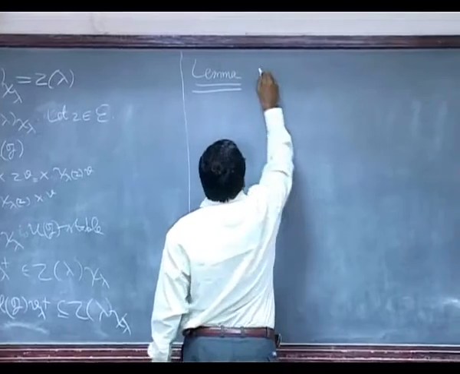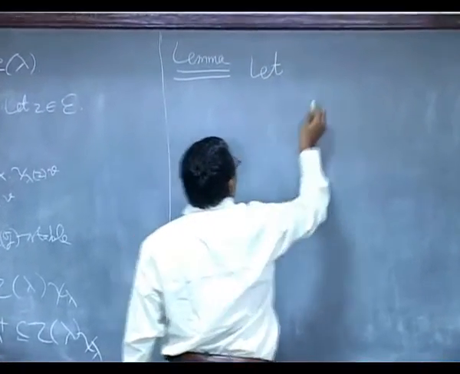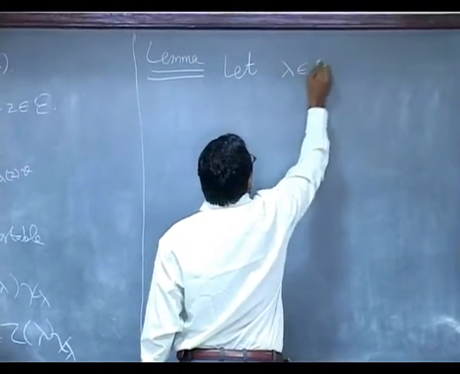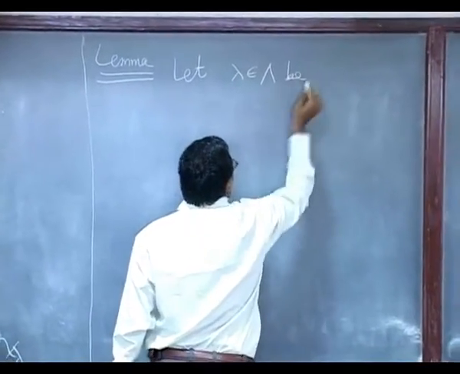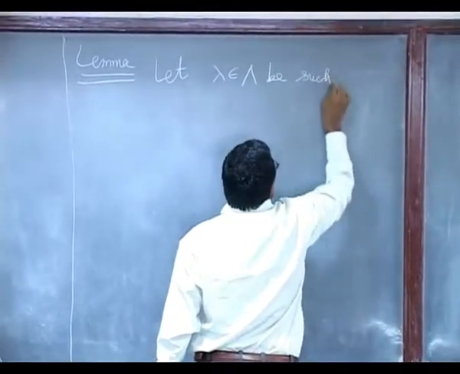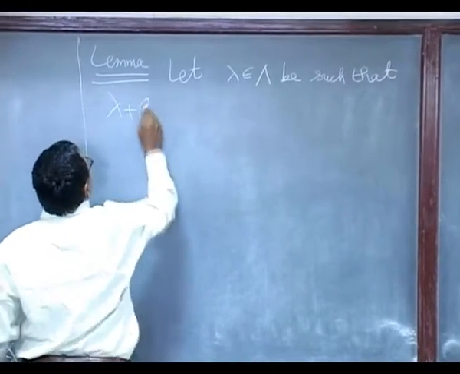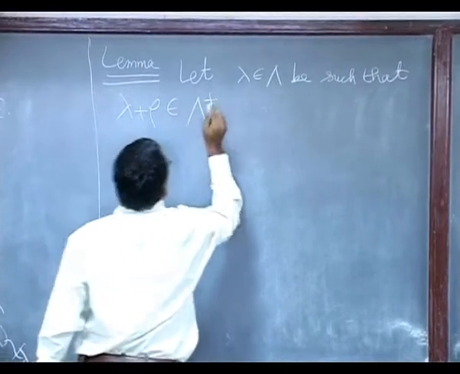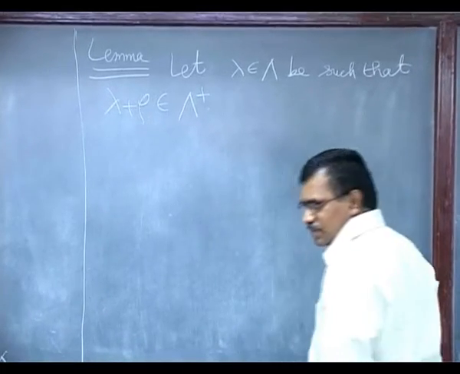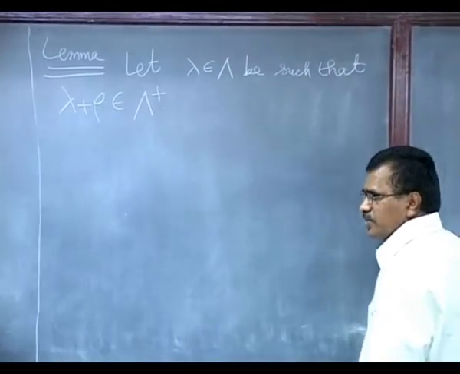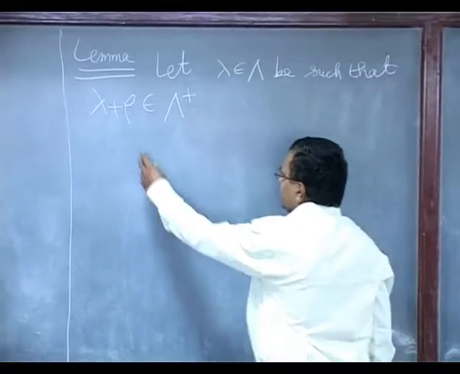Let lambda be an integral weight such that lambda plus rho is dominant. Lambda may not be dominant.